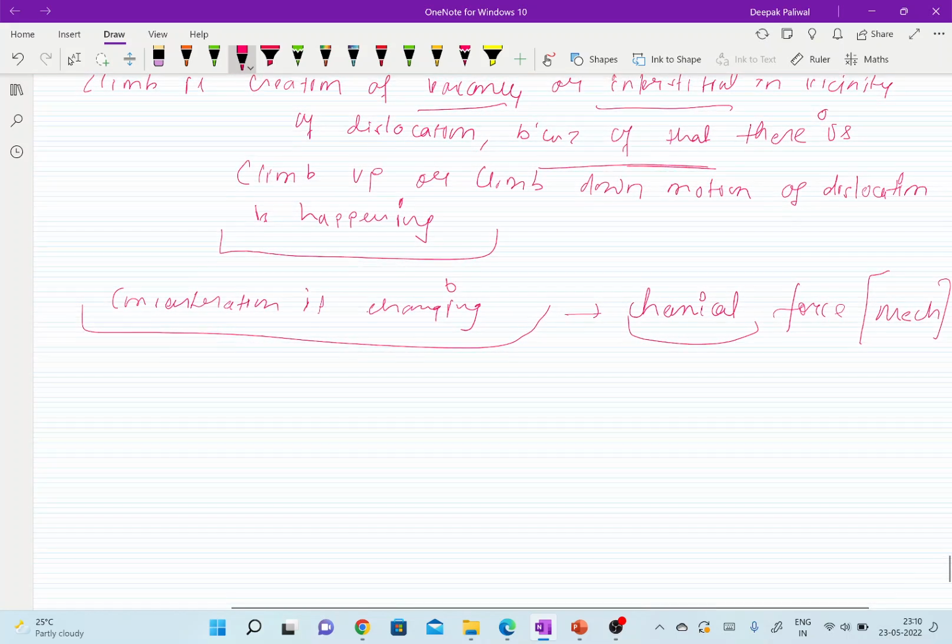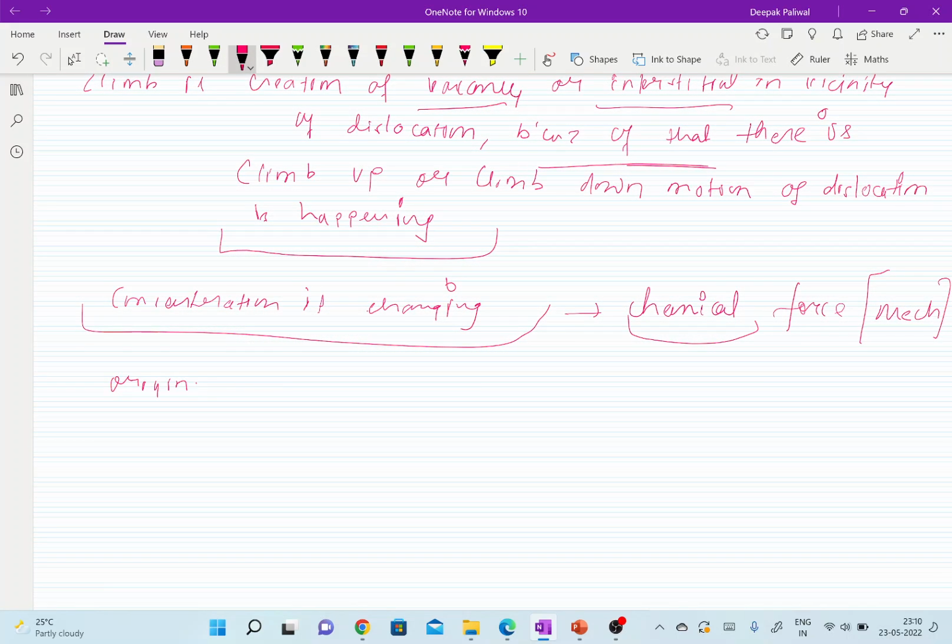Let us suppose the original equilibrium concentration is equal to C naught. And after having vacancy or interstitial, depending on the condition of climb up and climb down, there is the final equilibrium concentration equal to C. Okay, so we are not deriving how we can calculate the chemical force.